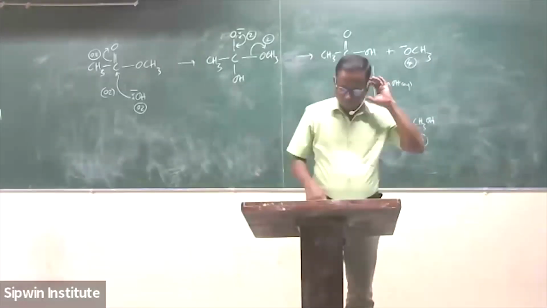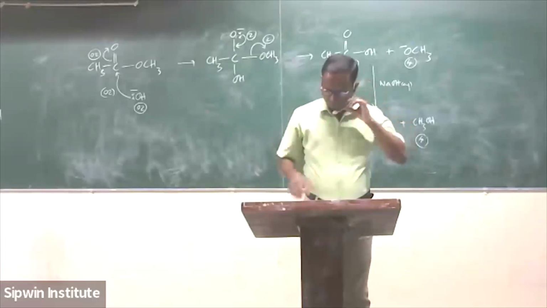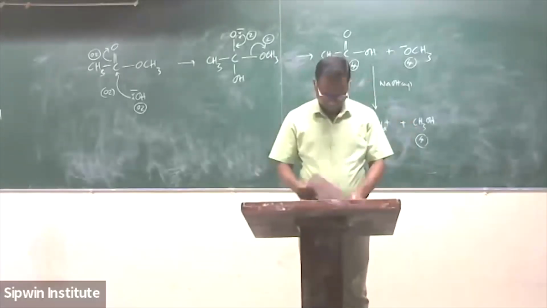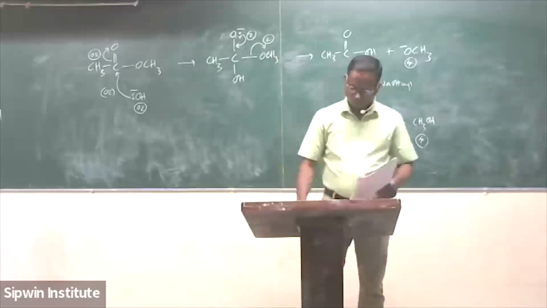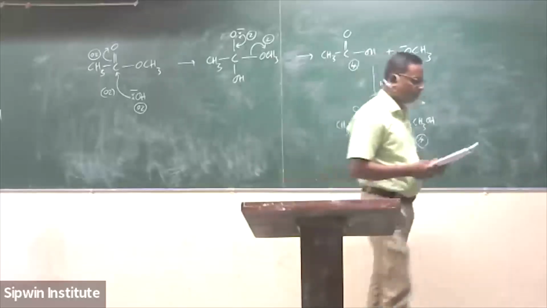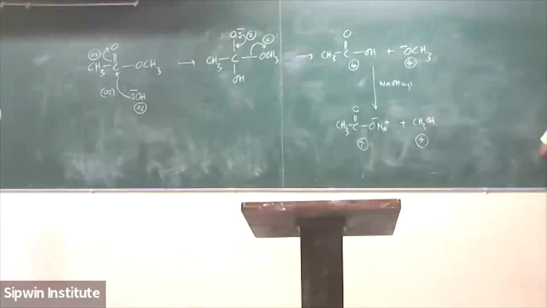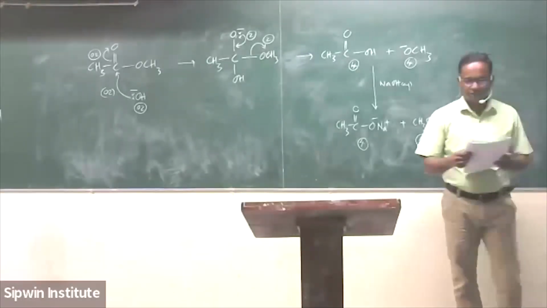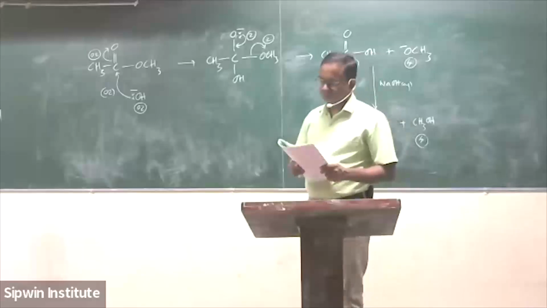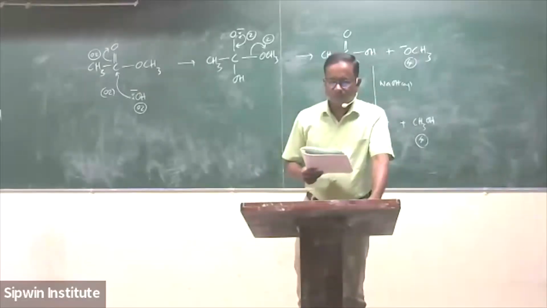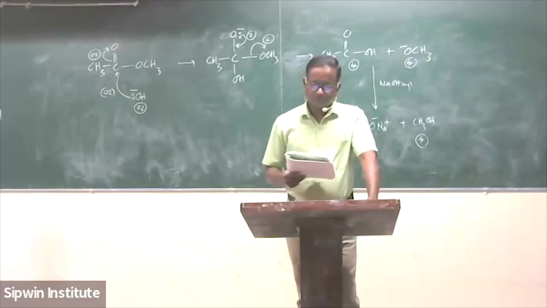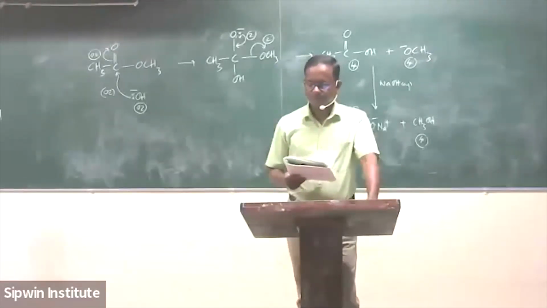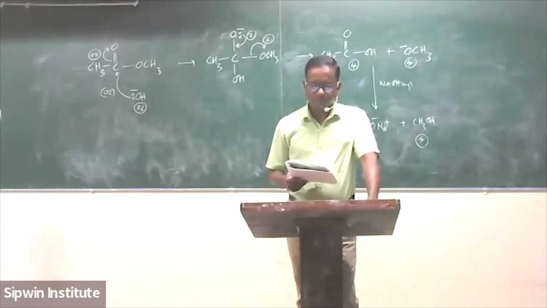Question number 8. Solution Y contains 3 cations. Following tests were carried out to identify these cations, and then following tests were carried out for the precipitates P1, P2, P3.